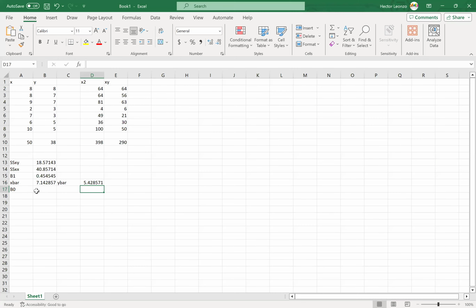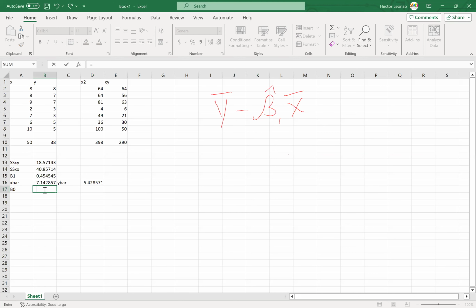I have B0. And let me remind you of the formula that I said I was going to use. For the formula of B0, I told you guys the formula in our notes. It was going to be y bar minus my beta 1 times my x bar. Right? That's what I told you I was going to use. So let me come back here. I'm going to go equals my y bar. I have it here. That's why I label here.